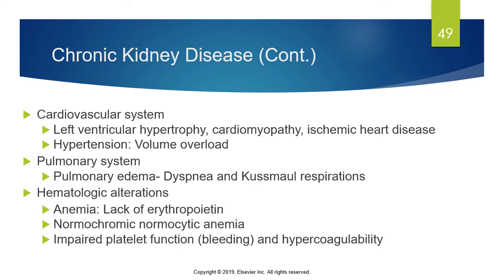Hematologically, anemia because of the lack of erythropoietin, a normocytic, normochromic anemia, which eventually can become hypochromic, microcytic anemia. But generally we see a normochromic, normocytic anemia. And then impaired platelet function and hypercoagulability. There are other effects too on the reproductive, GI, immune, and neurologic systems, which I won't discuss here.